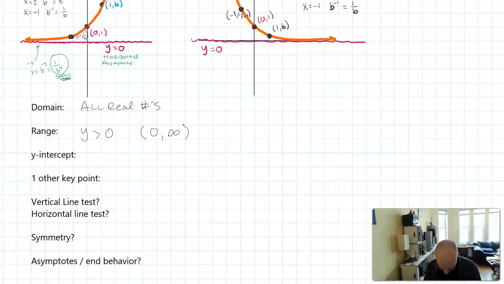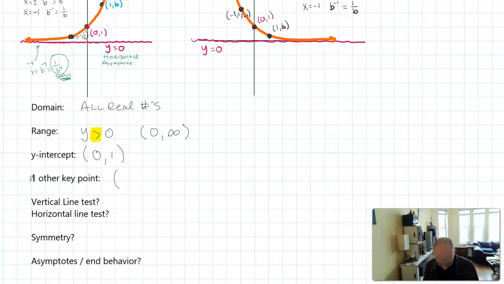Notice, critically, strictly greater than 0, not equal to 0. Neither of these two graphs cross the y-axis. The y-intercept for every single one is 0, 1, unless it's been transformed.